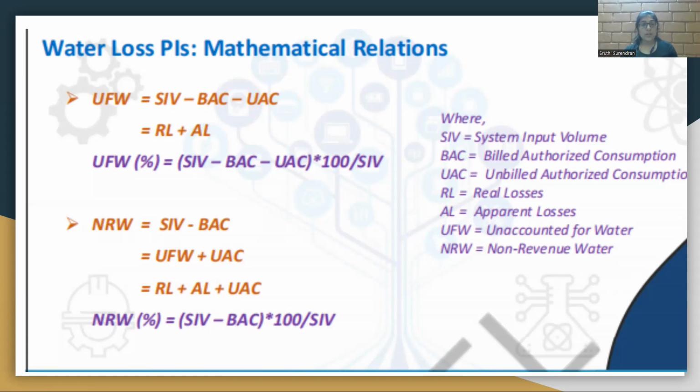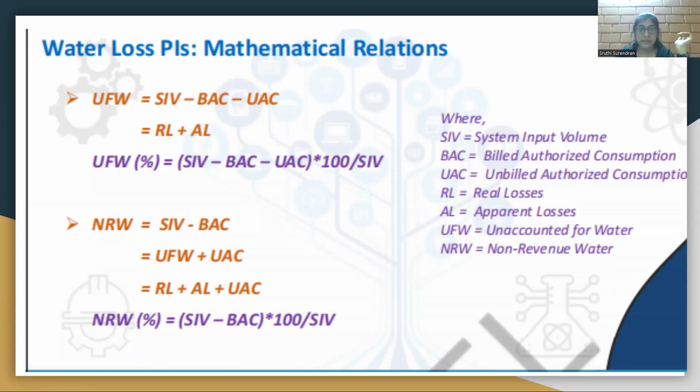Now, non-revenue water is nothing but the sum of the real losses, apparent losses, and the unbilled authorized consumption. So if you know the billed authorized consumption, subtracting it from the system input volume will give the non-revenue water. Otherwise, if we have the real losses, apparent losses and unbilled authorized consumption values, we can find out the non-revenue water directly.